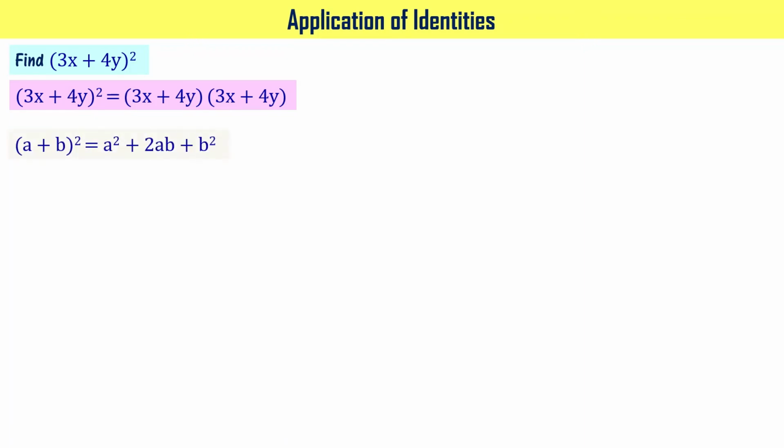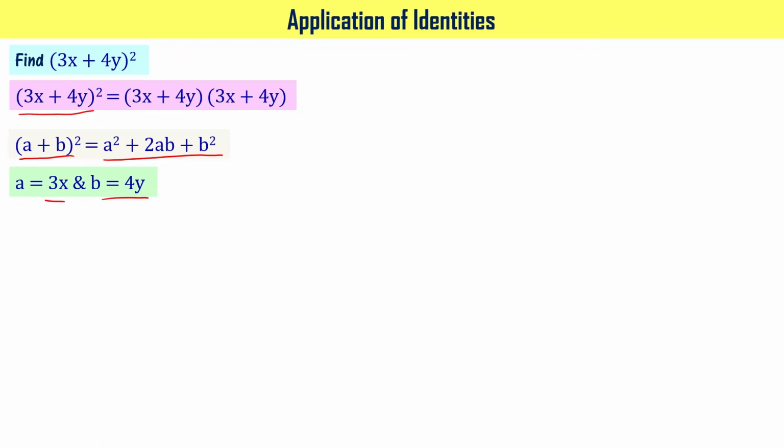We know that (a plus b) whole square can be written as a square plus 2ab plus b square, right? If you compare (a plus b) whole square with (3x plus 4y) whole square, then you can say that a equal to 3x and b equal to 4y, right? Now, we can make use of the RHS of the identity given, that is a square plus 2ab plus b square, to expand (3x plus 4y) whole square.